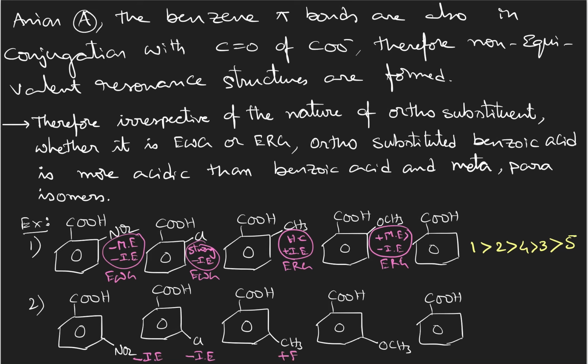This is a positive inductive effect. This is also negative inductive effect. So, having a negative inductive effect group is better. Then, not having a positive inductive effect group is better. And least comes the acid with a positive inductive effect group.